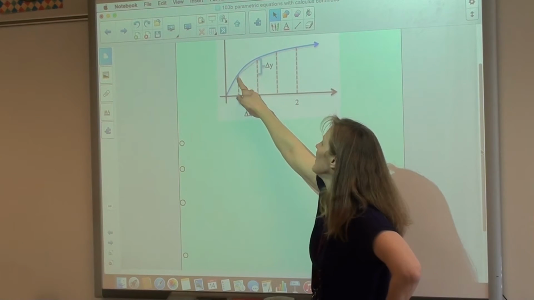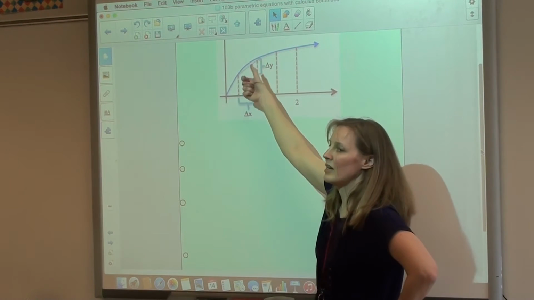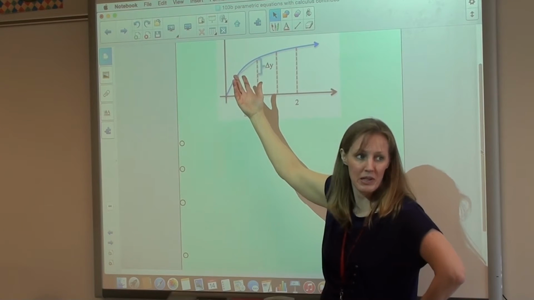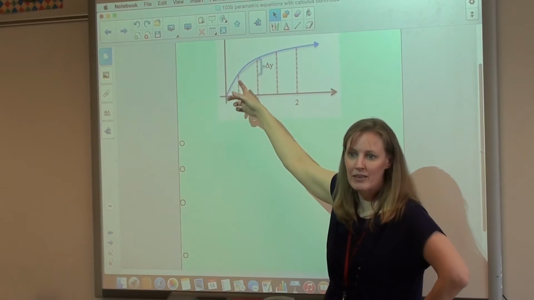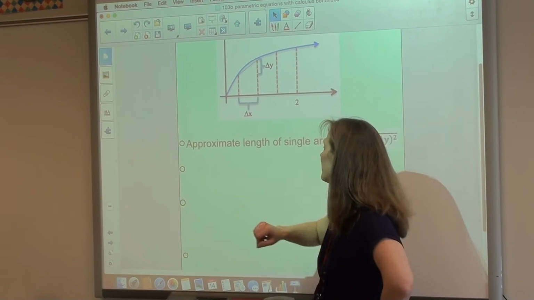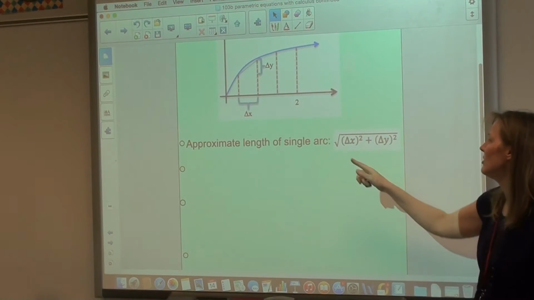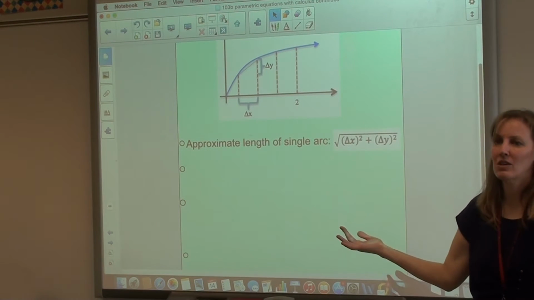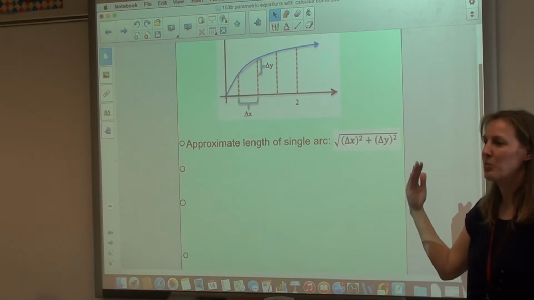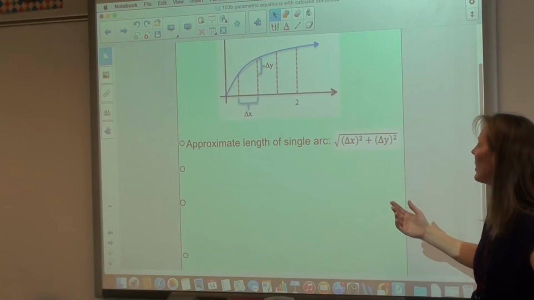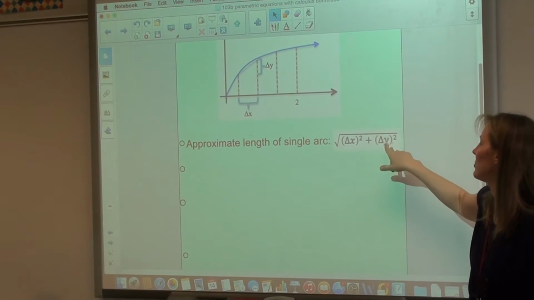To get the length of one of these little segments, we use the Pythagorean theorem with side lengths delta x and delta y. So there's the approximate length of a single arc. It's not exact, it's approximate. So, root of delta x squared plus delta y squared.